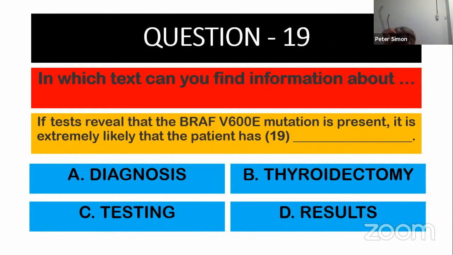I told you in the morning, reveal. If the test indicates that the BRAF V600E mutation is present, if the test confirms that this mutation is present, if the test shows, reveal is another word.